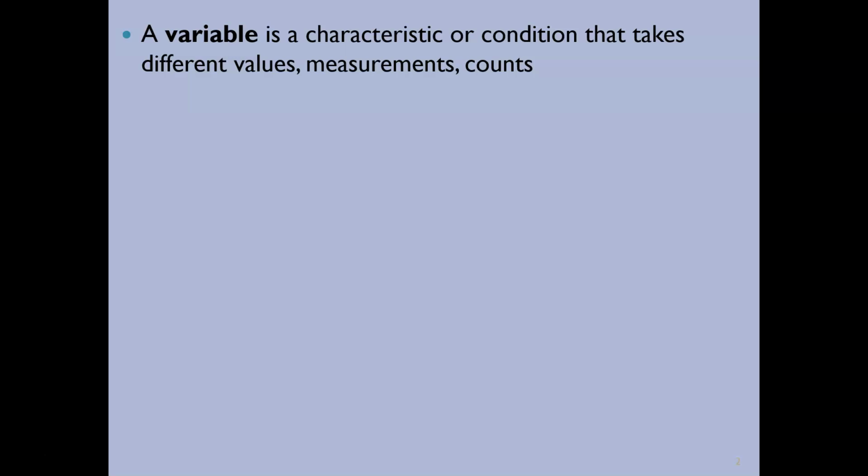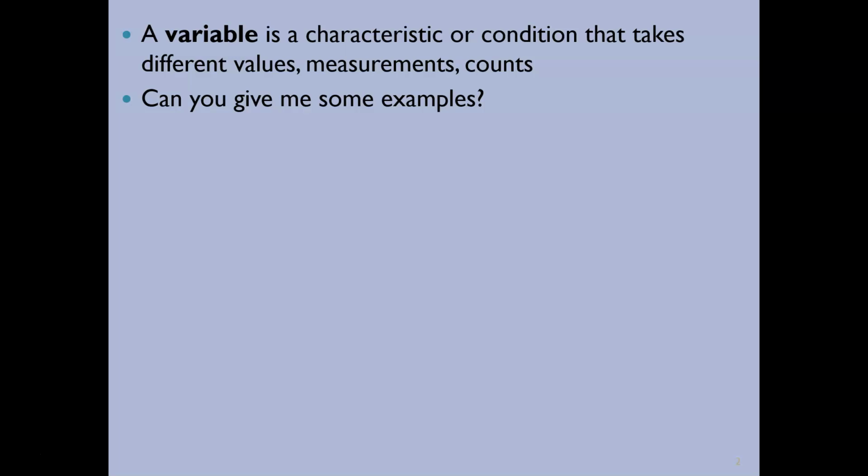A variable is a characteristic or a condition that takes different values. It comes through measurements or through counts. Think about some examples. If we were an actual class, the average height of all the students in ecology lab, so the heights of ecology students is a variable.